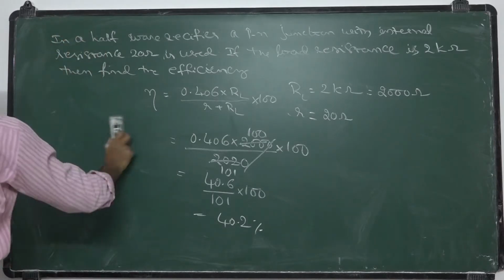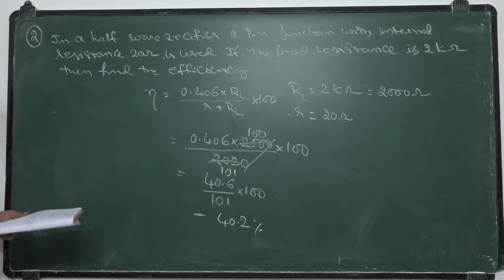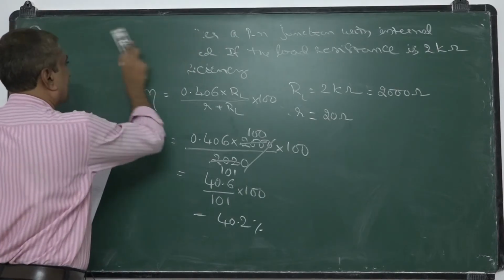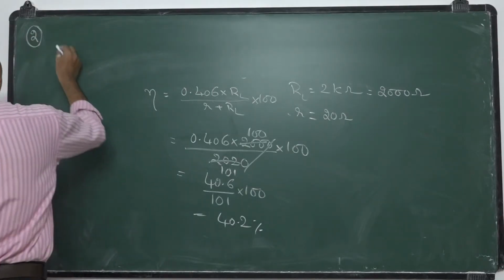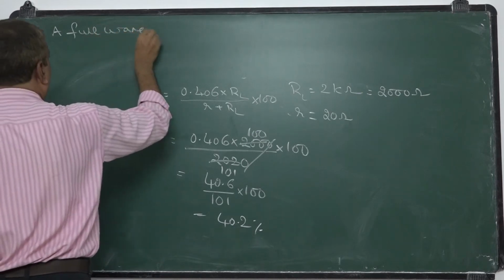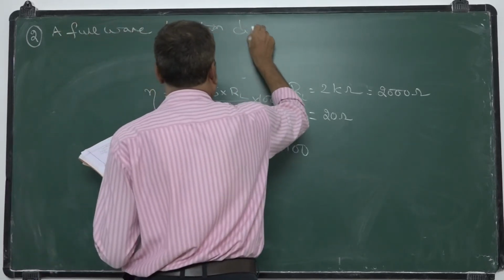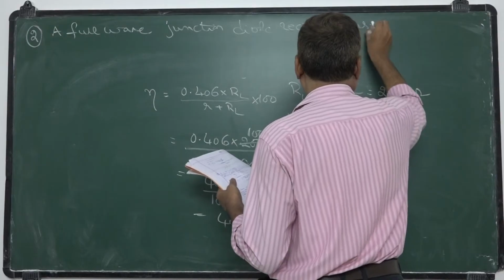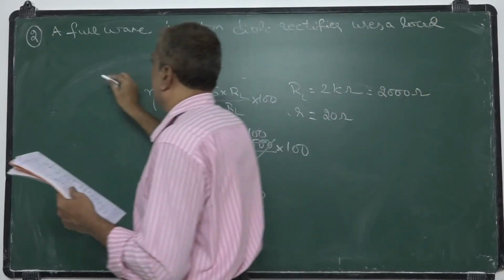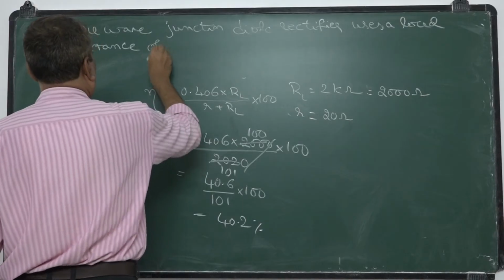Now the second one. A full wave junction diode rectifier uses a load resistance of 1300 ohm.